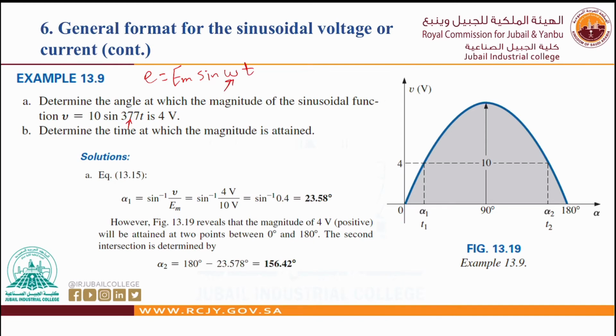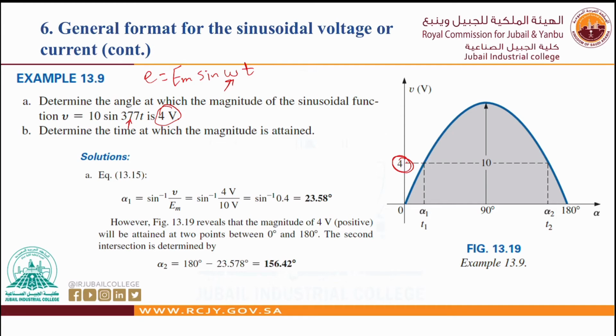So omega is 377. It says determine the angle at which the magnitude of the sine wave function is 4. So this is 4.